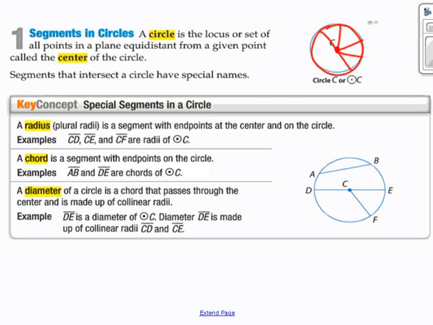Notice how they label it. It's either circle C, so it's always labeled with the center, or this little shortcut, this symbol, also represents circle. Okay. A radius, plural radii, is a segment with endpoints at the center and on the circle. So it's on the center and on the circle.